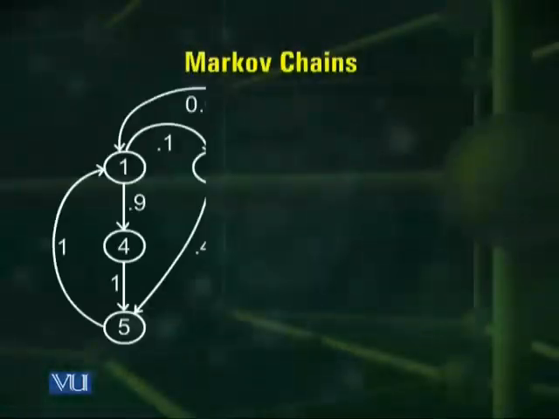Let's have a look at that class and analyze its transient subclass in terms of the average number of visits to different states before getting absorbed in the last state, which represents that the person has performed Hajj. Let's have a look at the graphical model of this Markov chain.